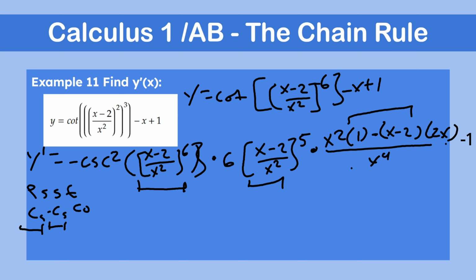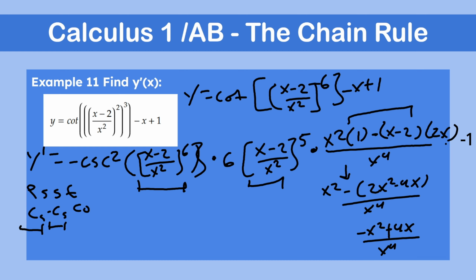So we're going to find that this is equal to x squared minus, let's see, 2x squared minus 4x, all over x to the power of 4. This will simplify to, let's see, negative x squared minus 4x, but it's still x power within here. Also, this should be positive, sorry, because negative times a negative is positive. So you cancel out an x, so that's going to equal 4 minus x over x cubed.